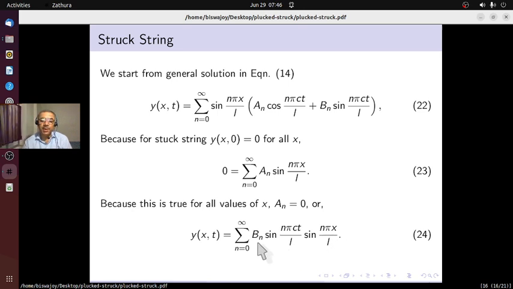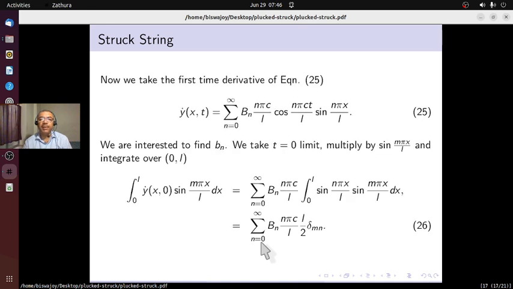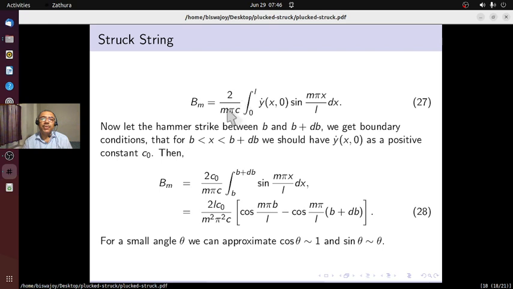Now this B_n has to be found. For that, again we use the orthogonality of sin(n pi x by L) and sin(m pi x by L), and then solve for B_n. So the solution for B_n becomes 2 by m pi c, integral 0 to L, of the velocity at t equal to 0 times sin(m pi x by L) dx. Now this integral has to be done, and the velocity is non-zero only between b and b plus db, and that is a constant, so that constant comes out of the integration.